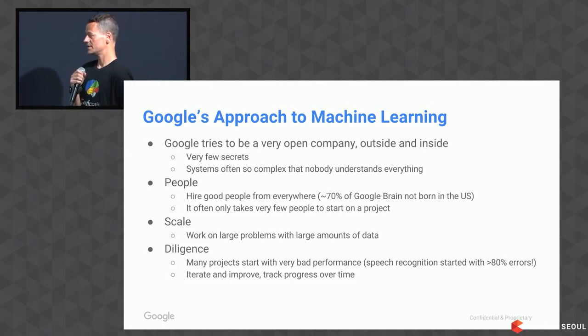Many projects that we start with really bad performance. Speech recognition, I remember, started with greater than 80% errors. It didn't work at all. But we just said, hey, it can only get better. You iterate and improve and track progress over time, and every week or every month you look at this and see, oh, it got better by 10%. And in the end, this is how it becomes really good.